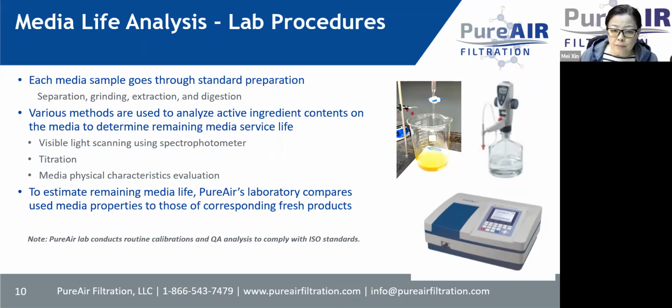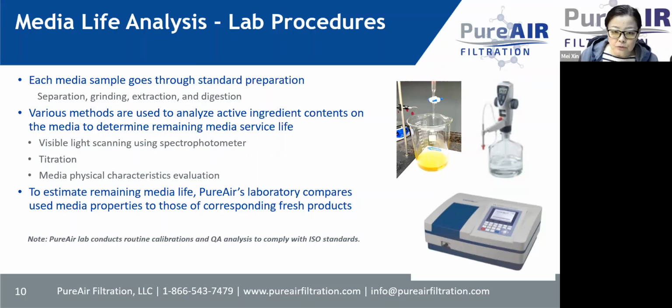So we use different methods. One method is visible light scanning using a spectrophotometer to run permanganate analysis. We also can use titration for different media like SafetySorb, SulfurSorb, and also for permanganate samples upon customer request.